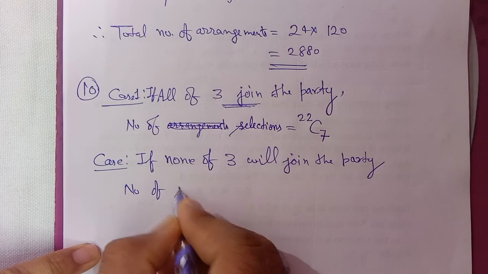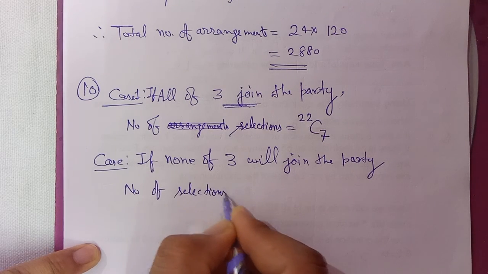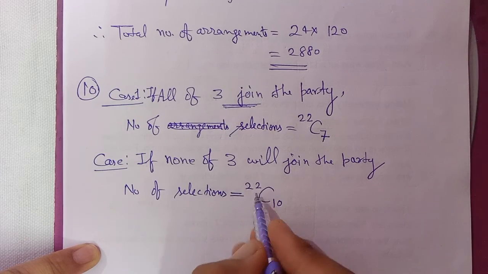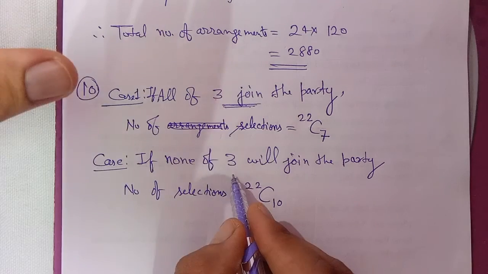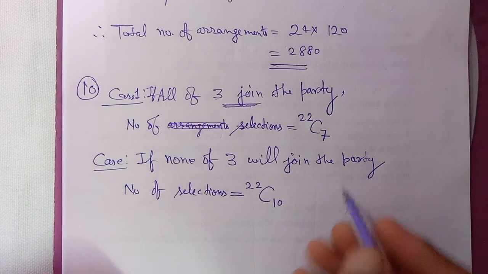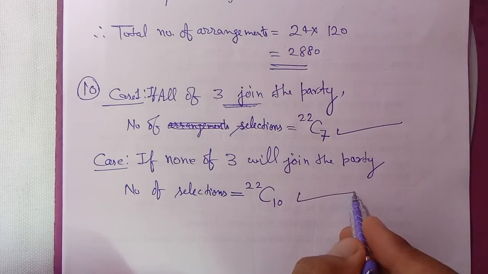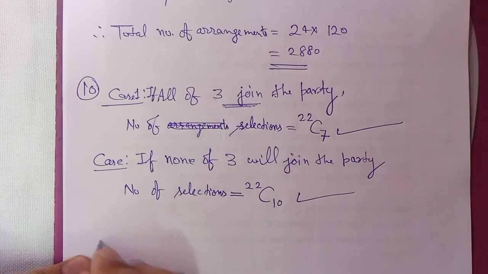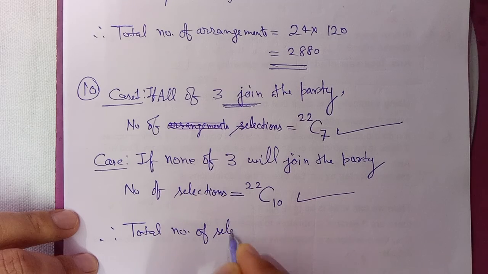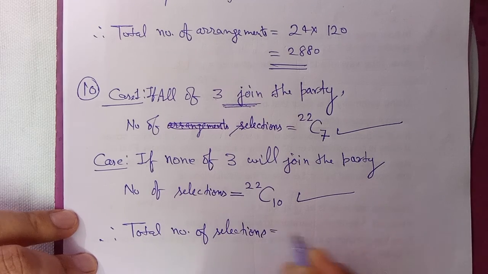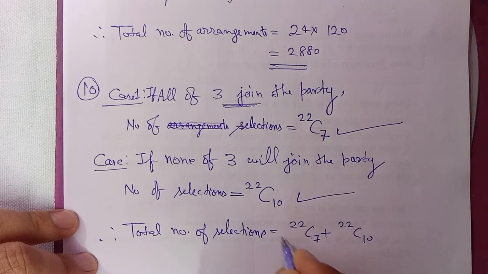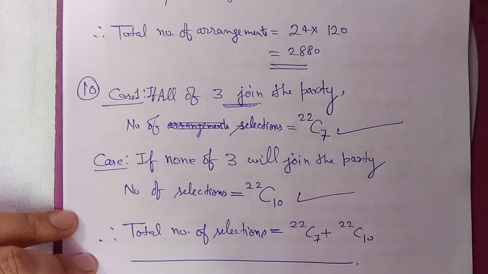Then number of selections equals selection of 10 out of 22, as these 3 will not join. It means either you can select in this way or in this way, either this or this. So total number of selections equals 22C7 plus 22C10. This is the answer.